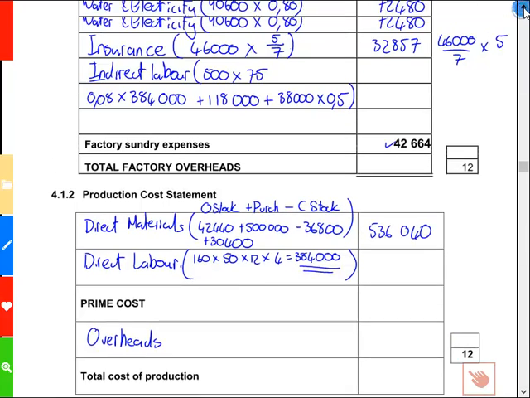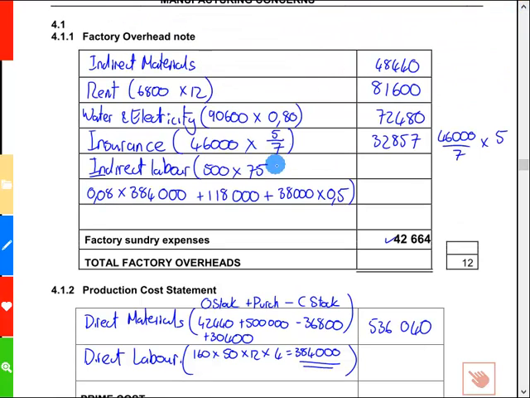Alright, so we start with our factory overhead note. Indirect labor, if we do the calculation there, we add everything together, we're going to get 205,220. Please be careful when you use your calculator. That is giveaway marks if you make a mistake.